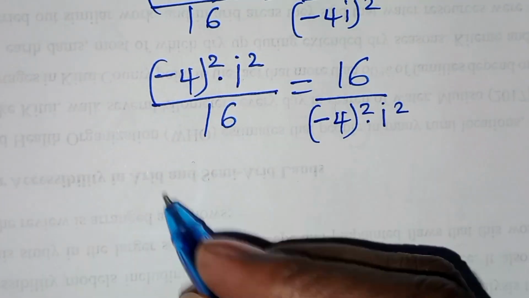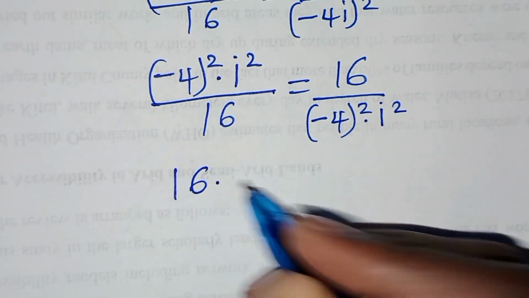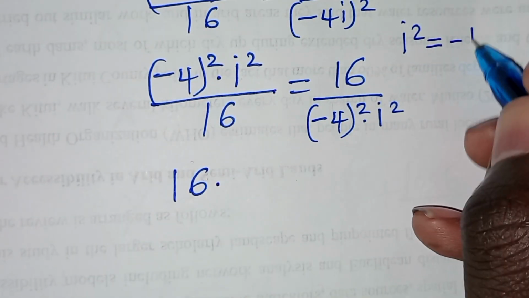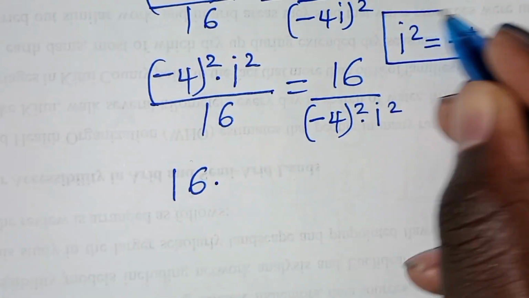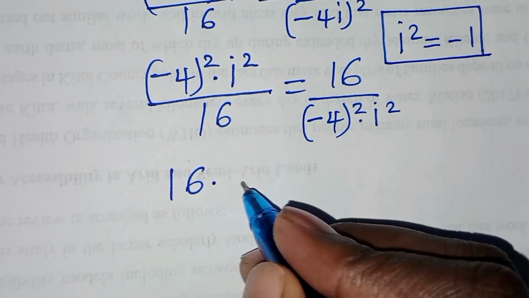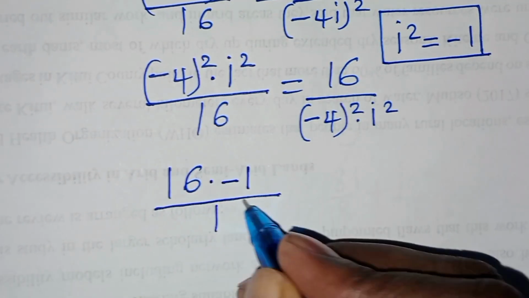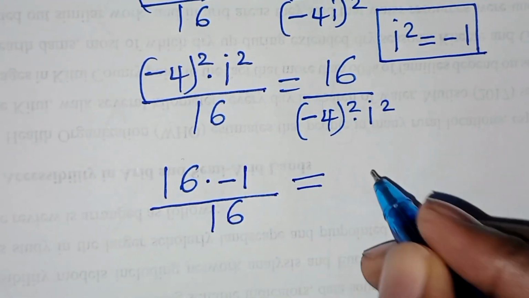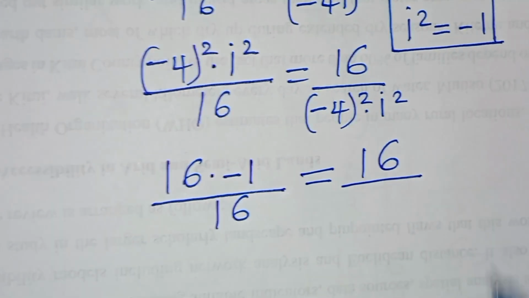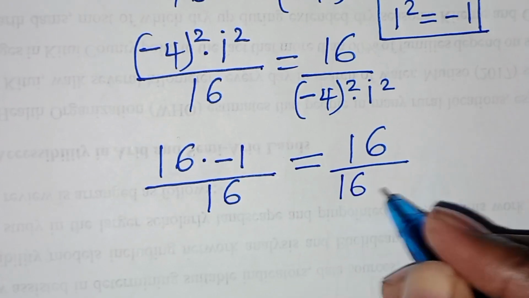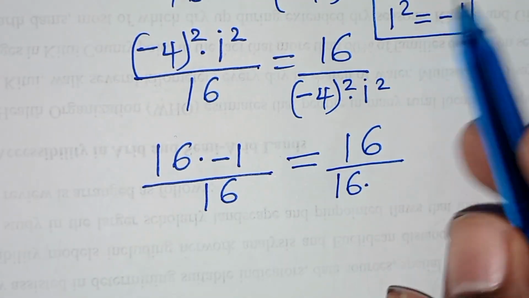So minus 4 squared is equal to 16, times i squared. i squared in this case is equal to minus 1. So 16 times minus 1 divided by 16 is equal to 16 divided by 16 times i squared, which is minus 1.